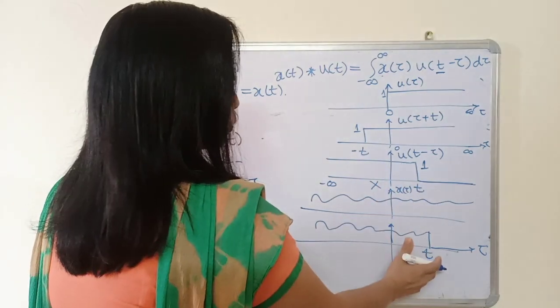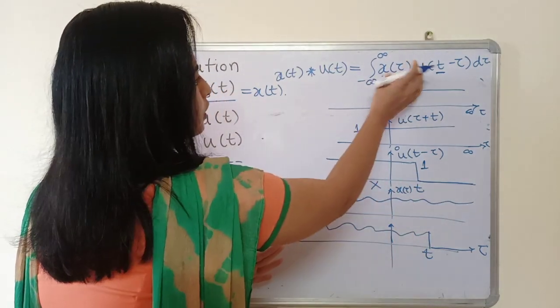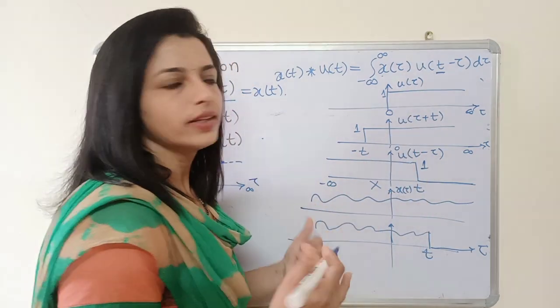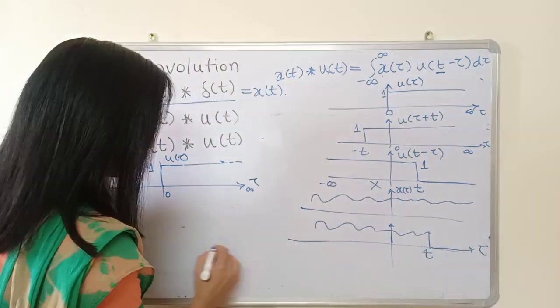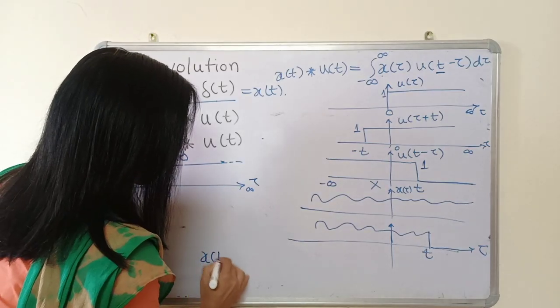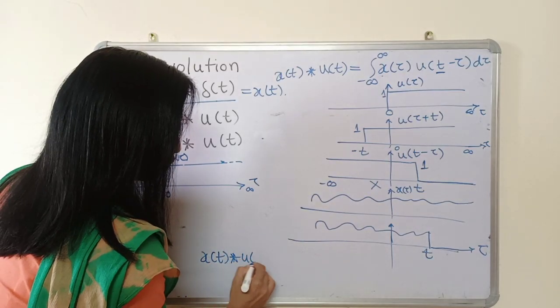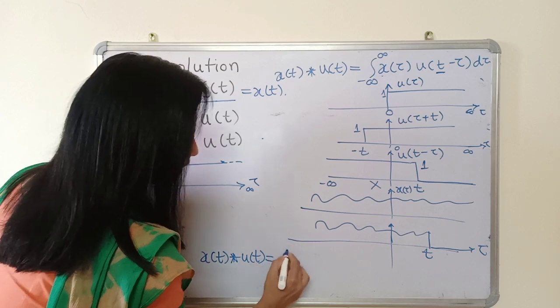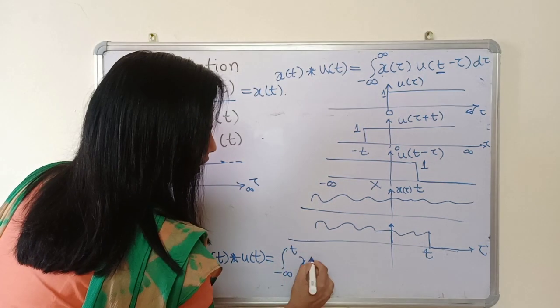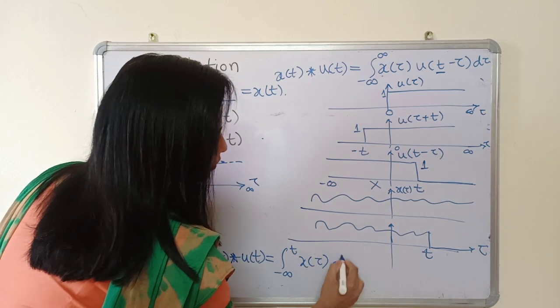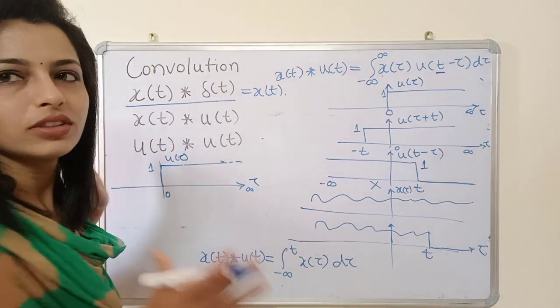Okay. So the only signal remaining will be x of tau, and the u of t amplitudes will be 1, so we will not write that. Okay. So this convolution x of t convolved with u of t, we can write as minus infinity up to point t of x of tau d tau. So this is our final answer.